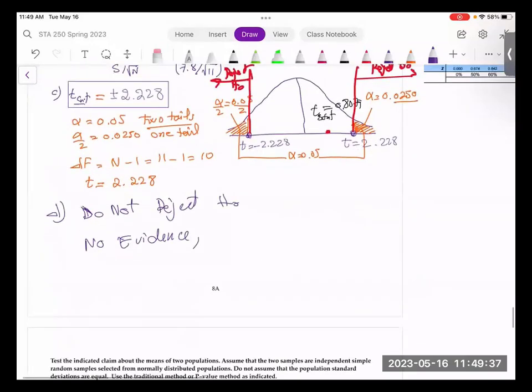So this one, no evidence, and we are supporting the claim as a matter of fact. Usually we have no evidence, do not support the claim because the claim is H1, but this scenario is twisted. You got it? So support the claim or not is always depending on H0. What is H0?